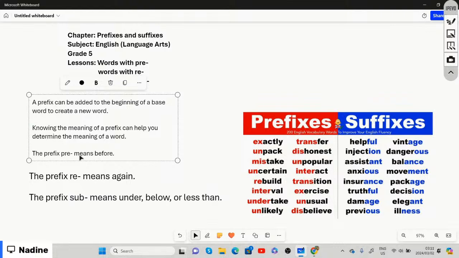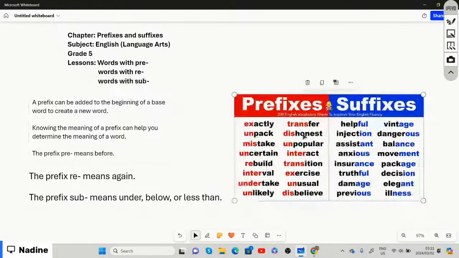All right. So over here we have a chart that shows both prefixes as well as suffixes. If we look specifically at re.